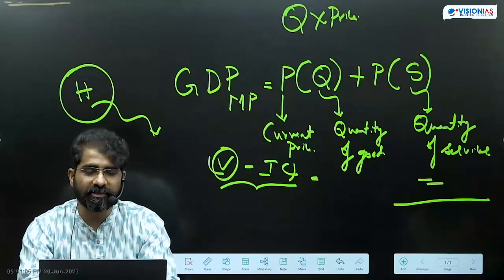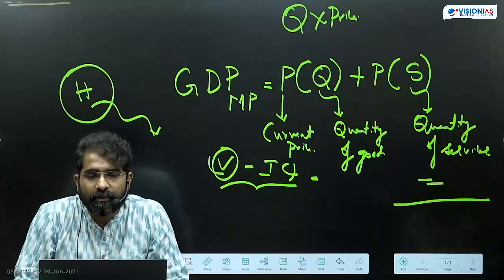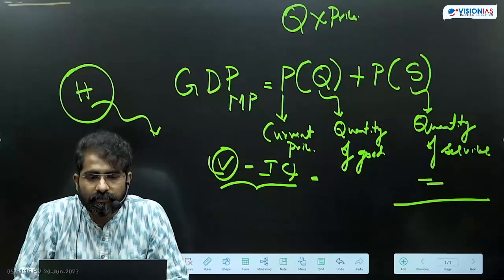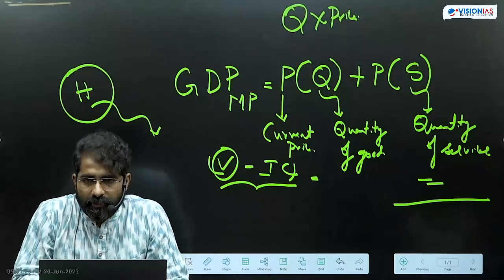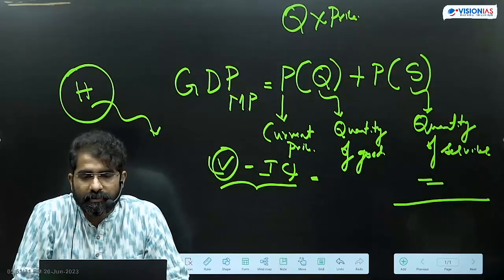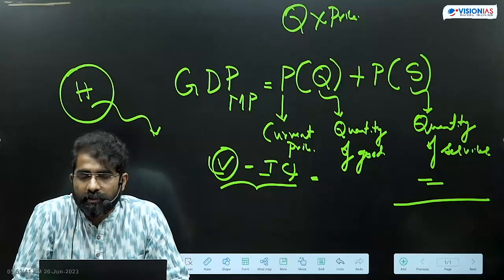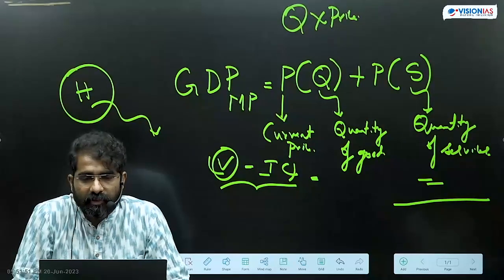First point, in 2015, it was decided by CSO that a sector-wise estimate of GVA at basic prices will be released instead of factor cost.